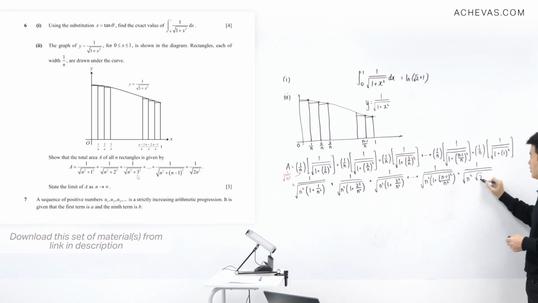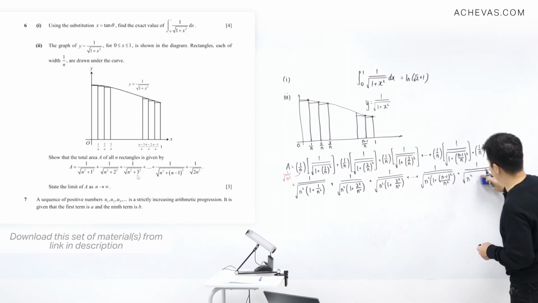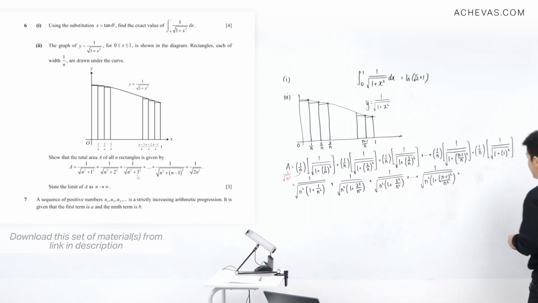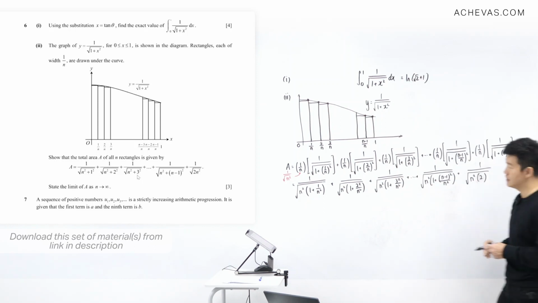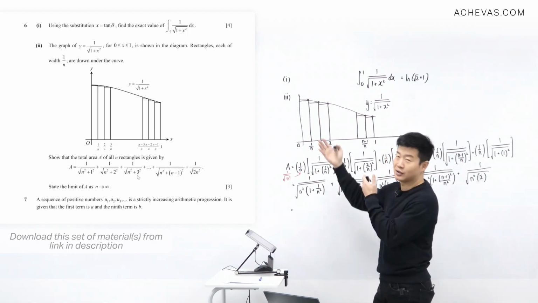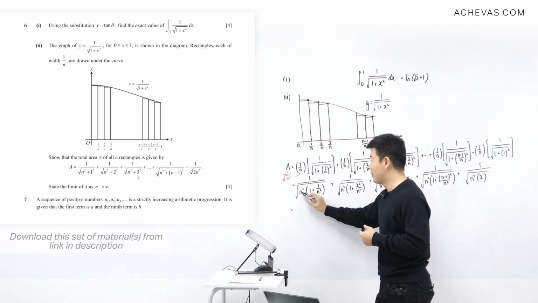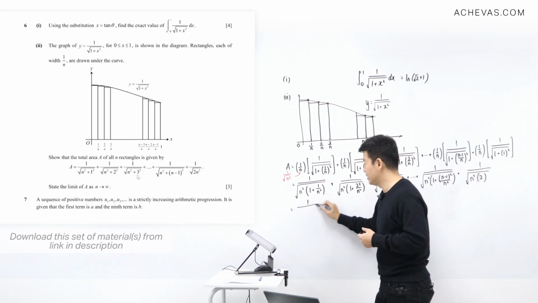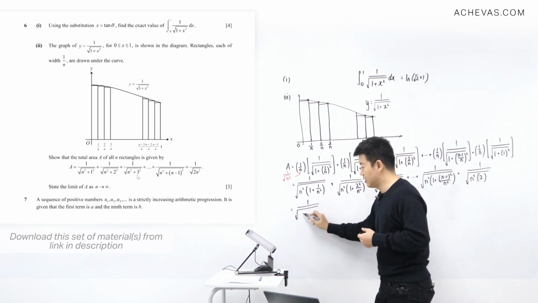Plus the last term, which is 1 over square root of n squared times 1 plus 1, that is actually just going to be square root of 2, oh, that's just going to be 2. I've already written the square root, so let me rewrite this. So this will be 1 over, and I'm going to bring it inside. It is going to be n here, n squared here. This 1 plus 1 is going to be equal to 2. I think we can already write it in accordance with what the question wants me to show, because multiplying n squared into the bracket gives me n squared plus 1.